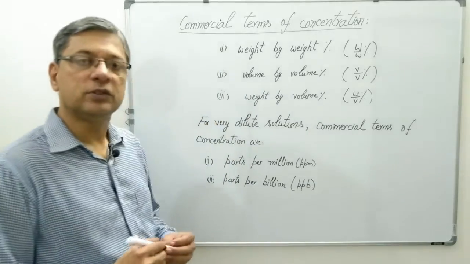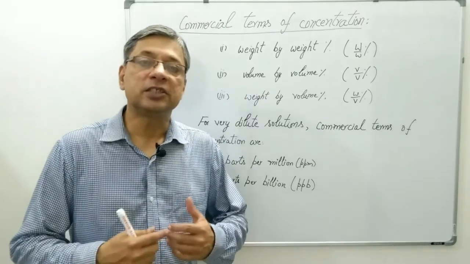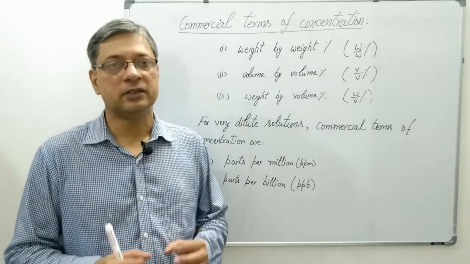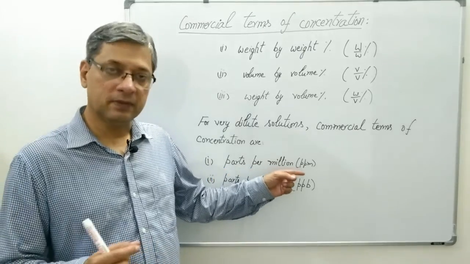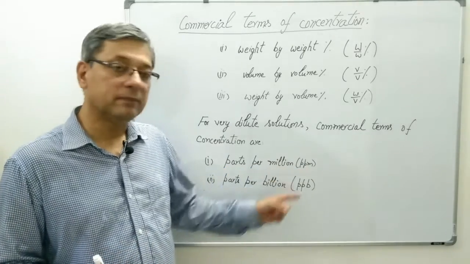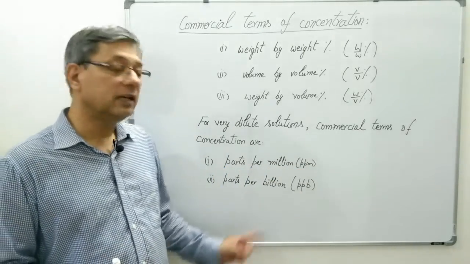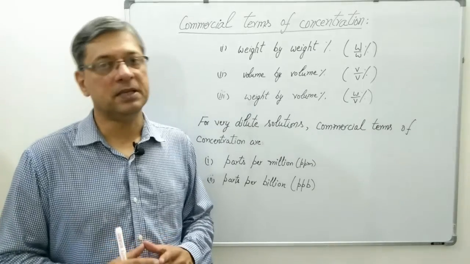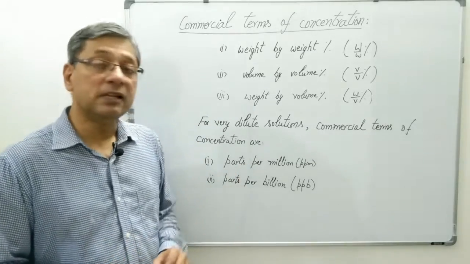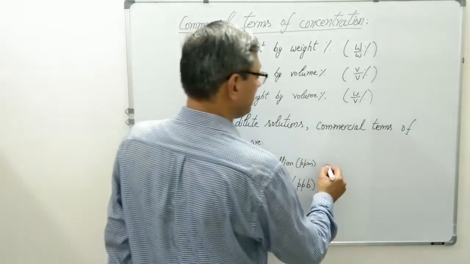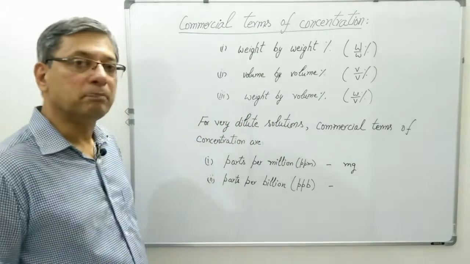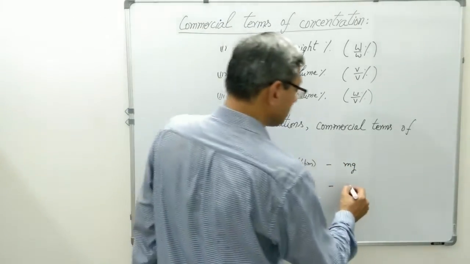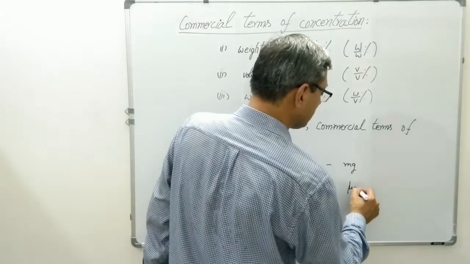For very dilute solutions, the commercial terms of concentration are parts per million, denoted by ppm, and parts per billion, denoted by ppb. Parts per million can also be expressed in terms of milligrams, and parts per billion can also be expressed in micrograms.